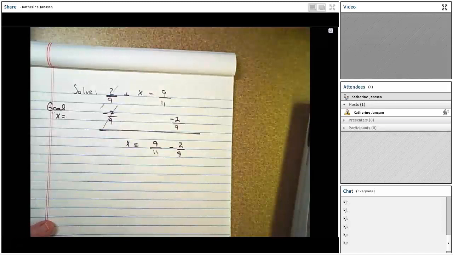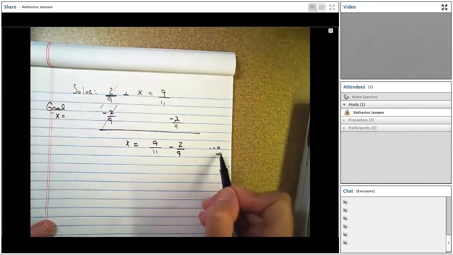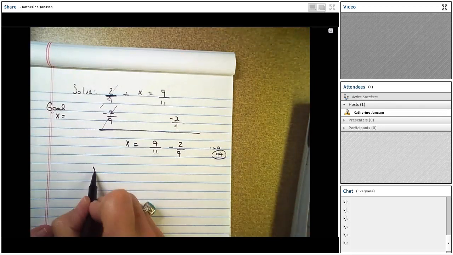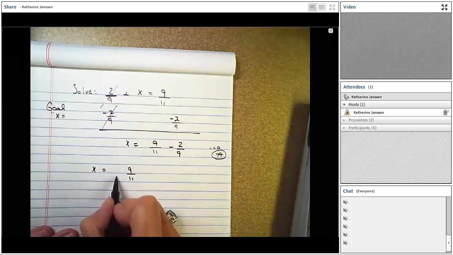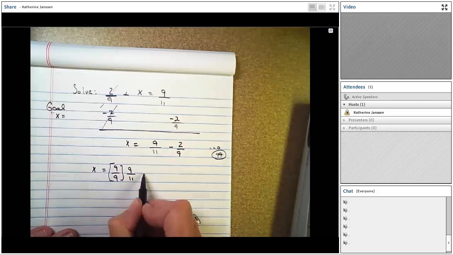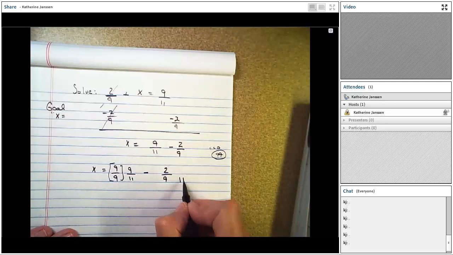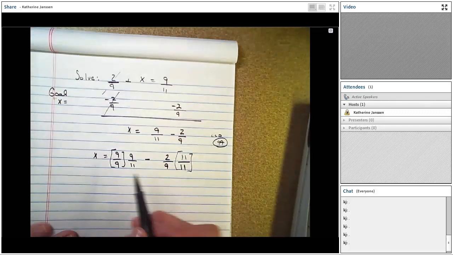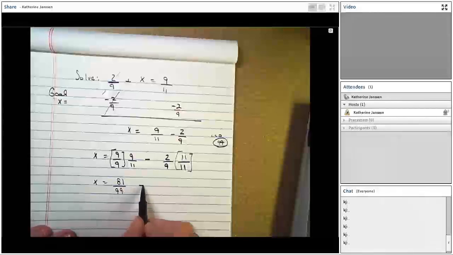To subtract, we need a least common denominator. 9 times 11 would be 99. So 9/11ths, 11 times 9 would be 99. I'll multiply the numerator by 9. Minus, convert 2/9. 9 times 11 would be 99. Multiply the numerator by 11. 9 times 9 is 81 over 99, minus 2 times 11 is 22 over 99.